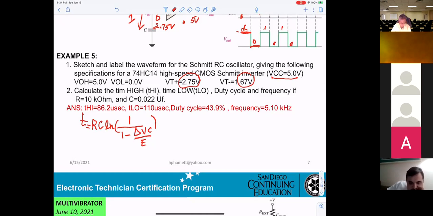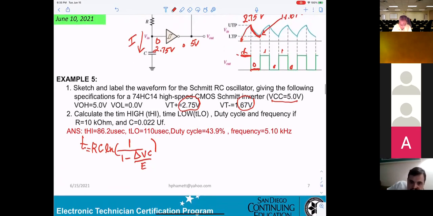Okay? Now, if I want to calculate the T low, that means here. Now here, T low, right? From here to here. Okay? Time low.